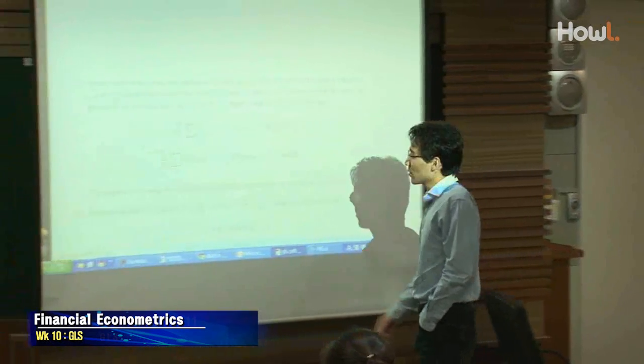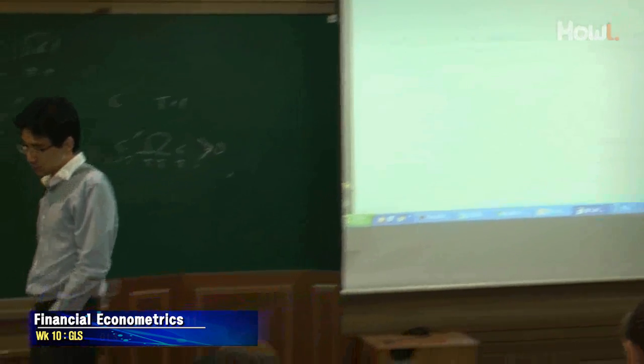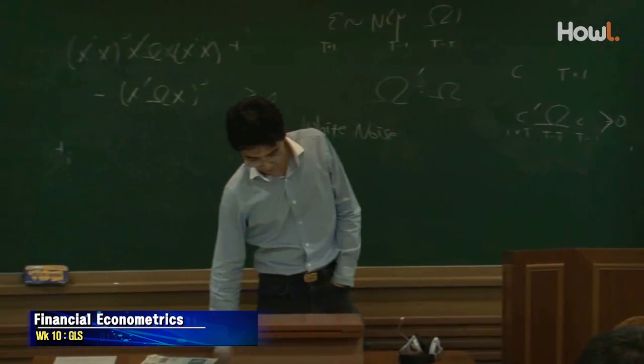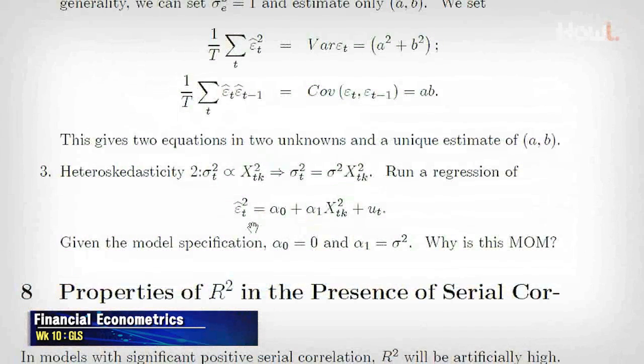Okay, so about heteroscedasticity, the second type. Suppose our variance of the observation at time t is proportional to one of our independent variables, x_tk. Then we can write sigma t squared as sigma squared times x_tk squared.